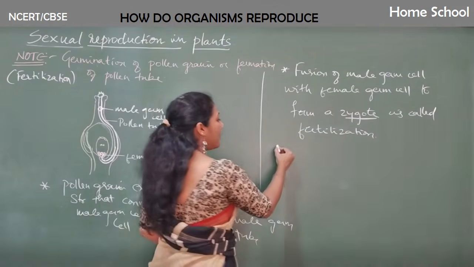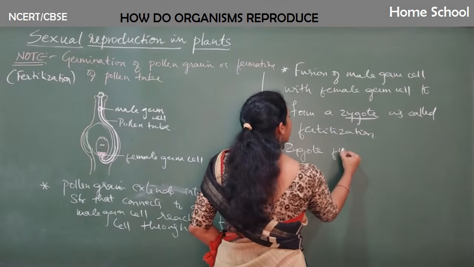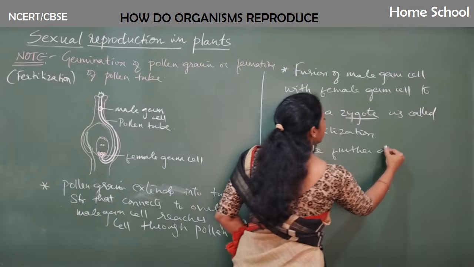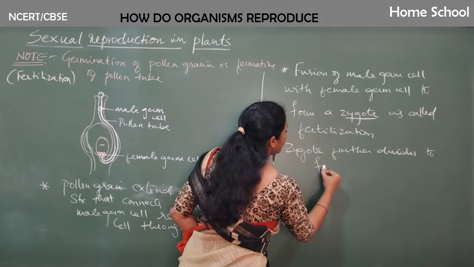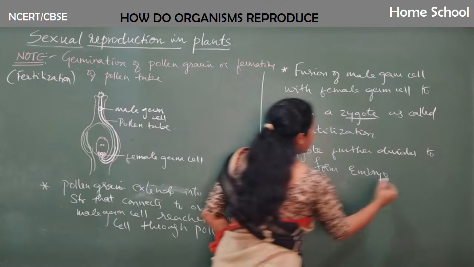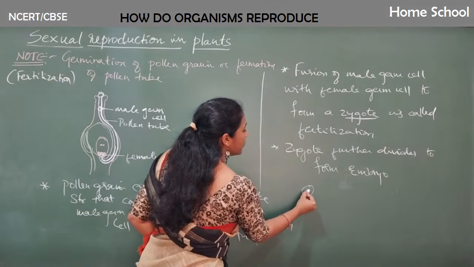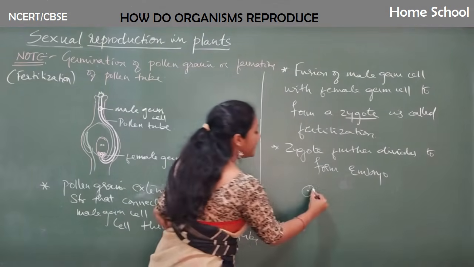Okay, and what happens to the zygote? The zygote further divides to form an embryo. If this is a zygote, it has its own nucleus and various cell apparatus. It goes on dividing.